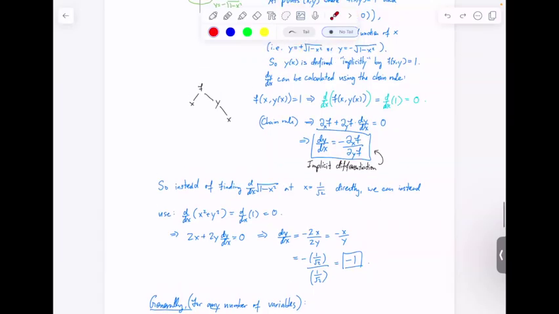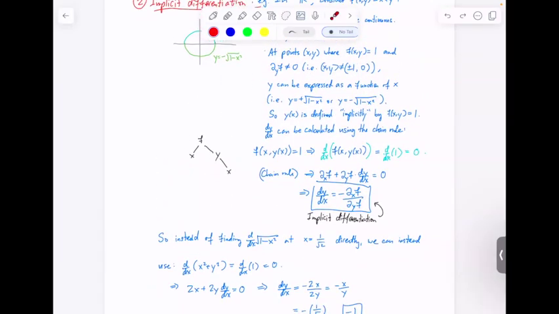So 1 minus x squared at 1 over root 2 tells me y is equal to the positive square root of 1 minus x squared. That's 1 minus 1/2, so it's the positive square root of 1/2, so y is equal to plus 1 over root 2. Maybe I should specify here. In this case, y of x is equal to the positive square root of 1 minus x squared. So at x equal to 1 over root 2, y is equal to plus 1 over root 2.